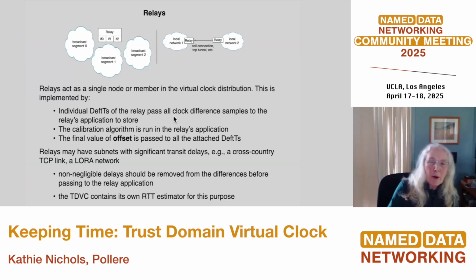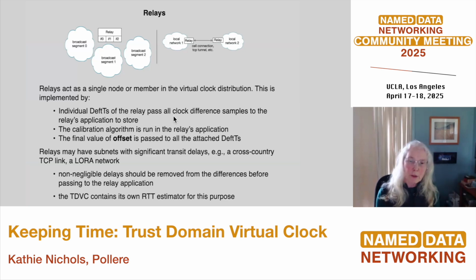The other problem, which becomes clearer when you think about relays like in these pictures, is that they could have non-negligible delays. If you're sitting on a multicast network, or a local network in general, your delays aren't very long, but in going across maybe the country, we really would like to remove those delays before we take out clock differences.